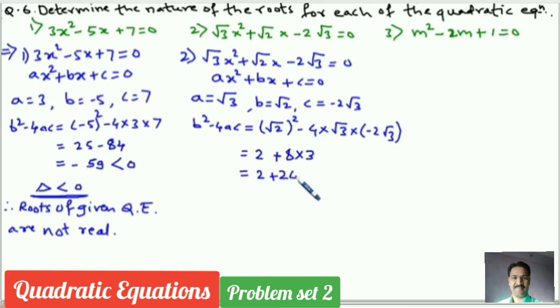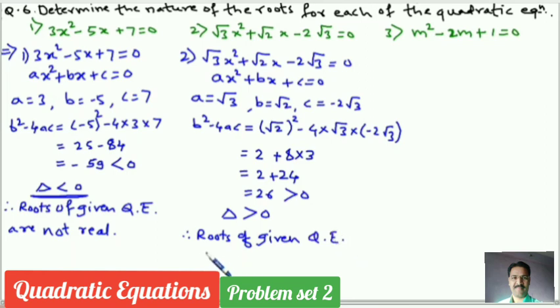So here it is 26, which is greater than 0. Means delta is greater than 0. Means what? Roots of the given quadratic equation are real and unequal. Okay, this is very important.